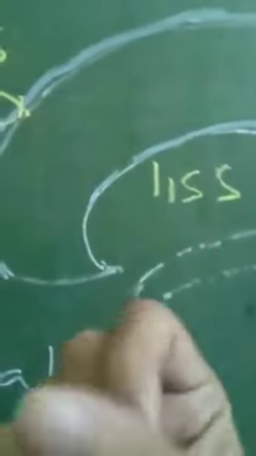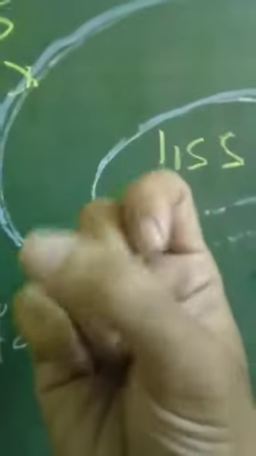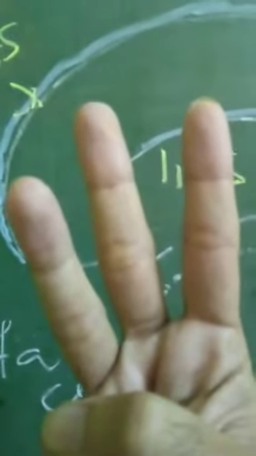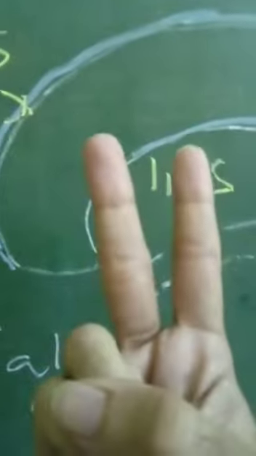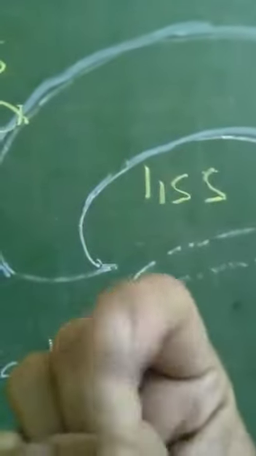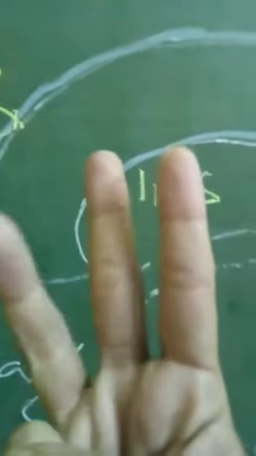Three-finger technique: superior sagittal sinus, inferior sagittal sinus, and most important, the corpus callosum. I am repeating, a bit slow: superior sagittal sinus, inferior sagittal sinus, and corpus callosum.